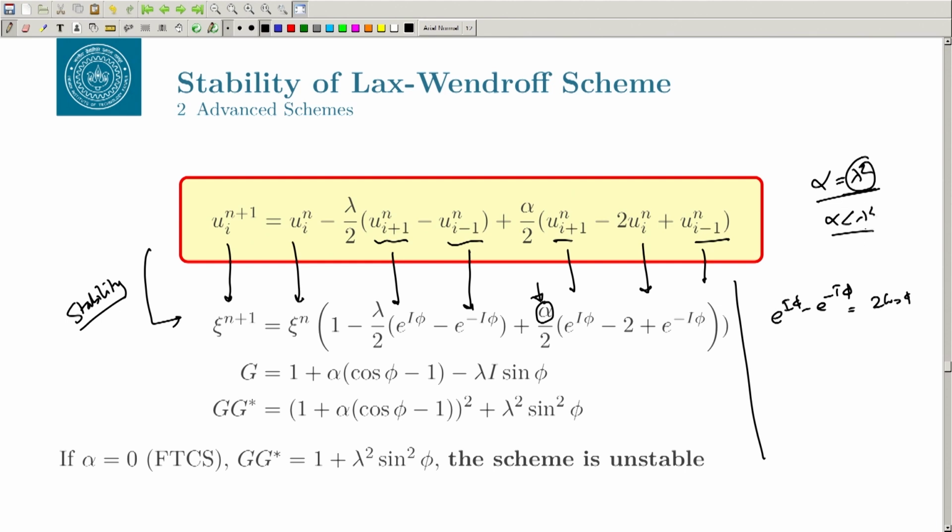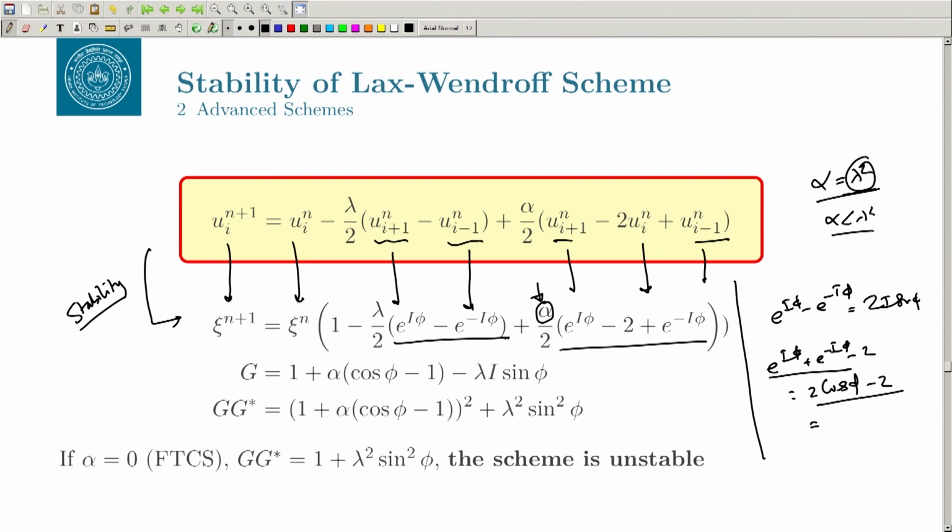So, this is my 2 cos phi, and if you look at e to the power i phi minus e to the power minus i phi, that will be 2 i sin phi. And the other term is e to the power i phi plus e to the power minus i phi minus 2, so that will be 2 cos phi minus 2.